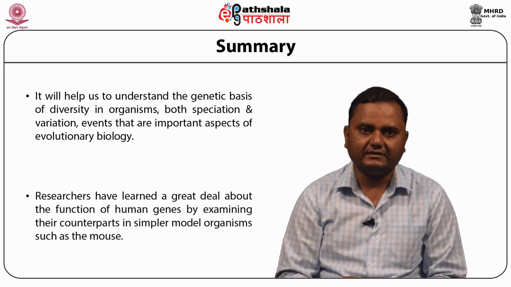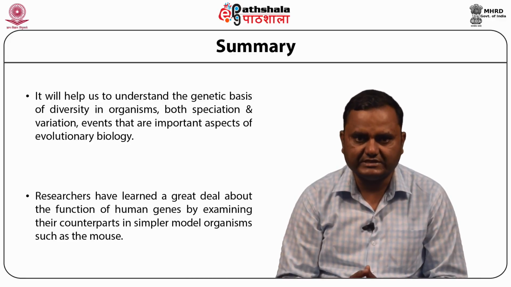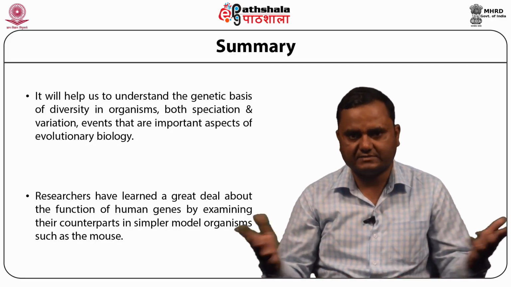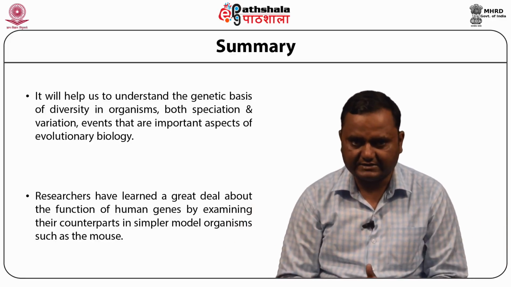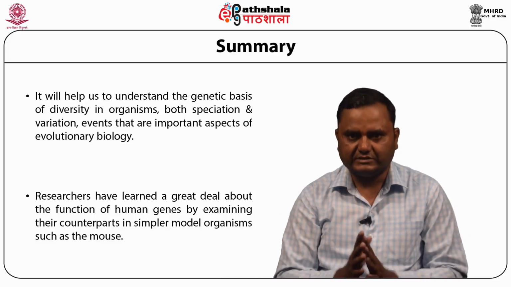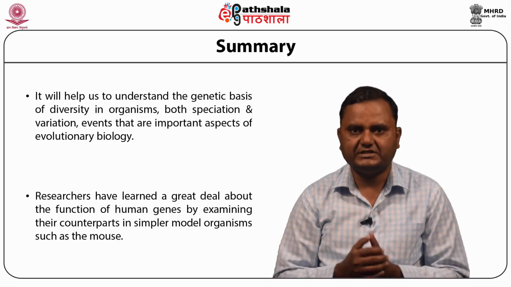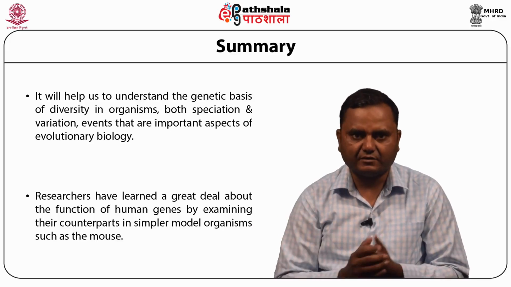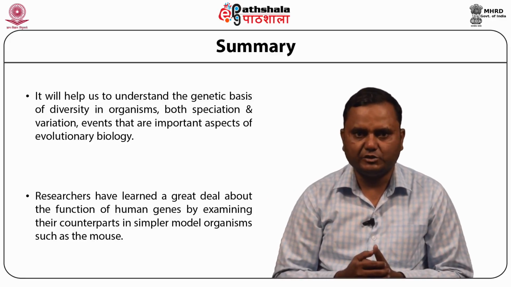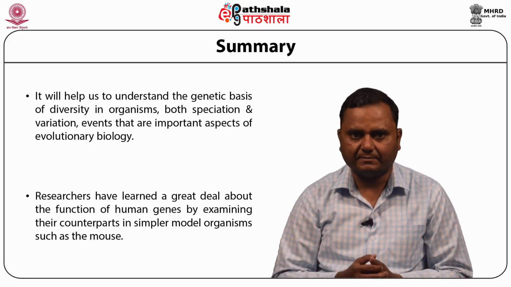Researchers have learned a great deal about the function of human genes by examining their counterparts in simpler organisms such as mouse and other organisms. So, the basic concept of comparative genomics: because all modern genomes have arisen from a common ancestral genome, the relationship between genomes can be studied with this fact in mind.